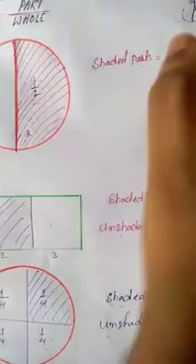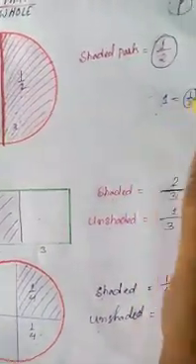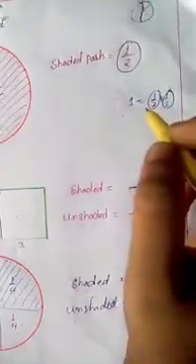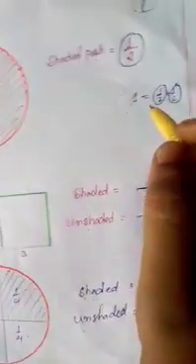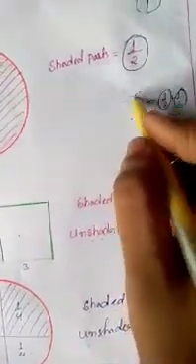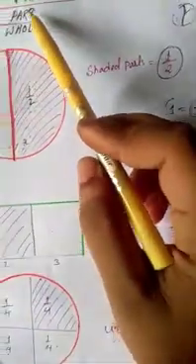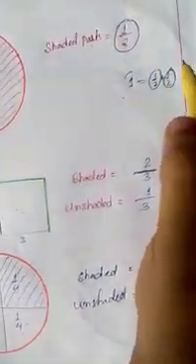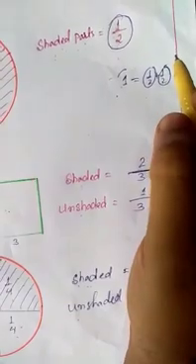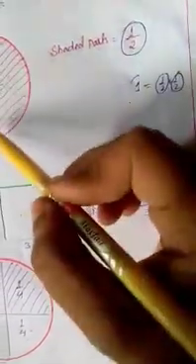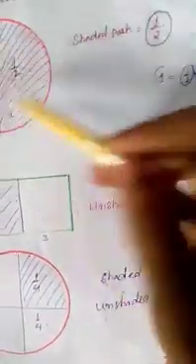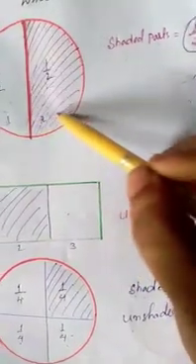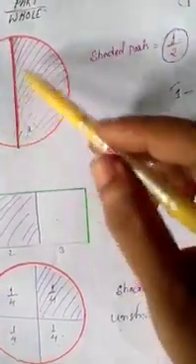Okay, like in the case of the pizza, the complete whole pizza is one, and a fraction is part by whole. Whenever you divide it, each piece will be a part of this complete pizza. In the same way, the complete circle is 1, and if we divide it into two parts, it will be 1 by 2 and 1 by 2.